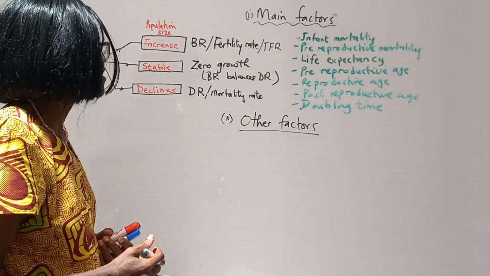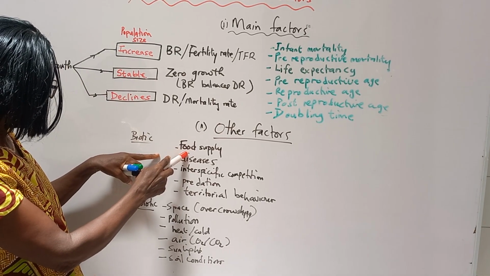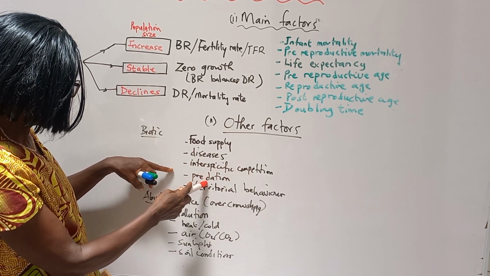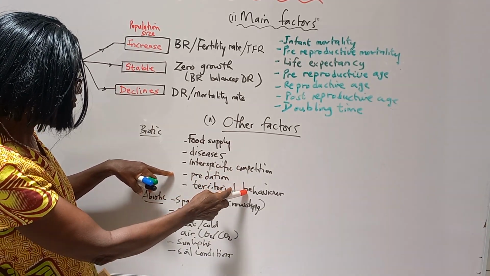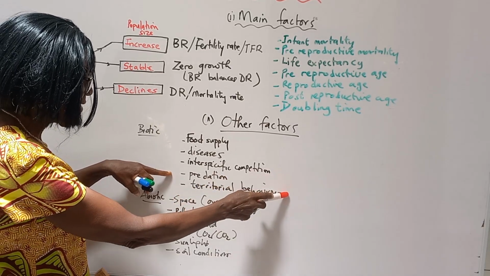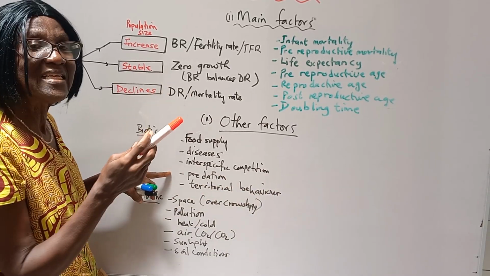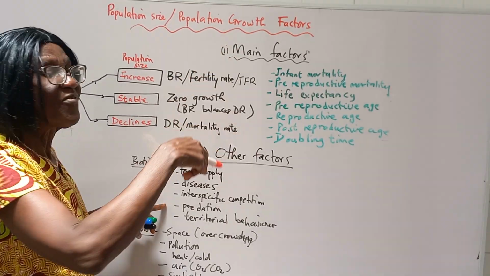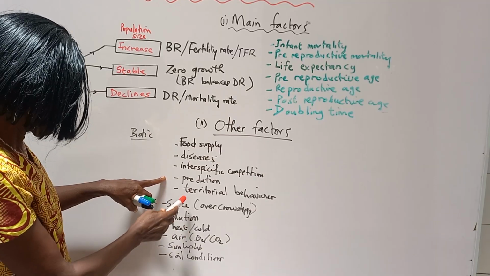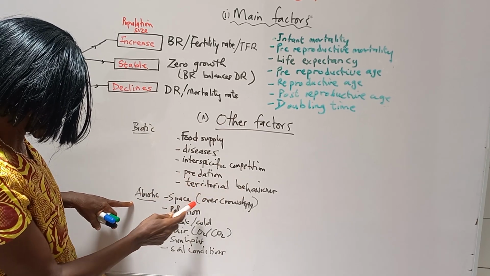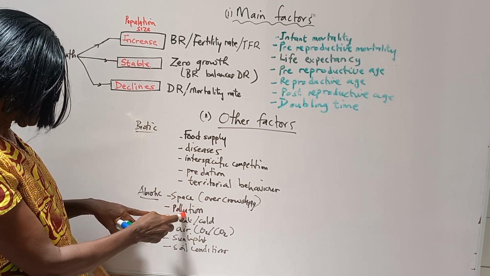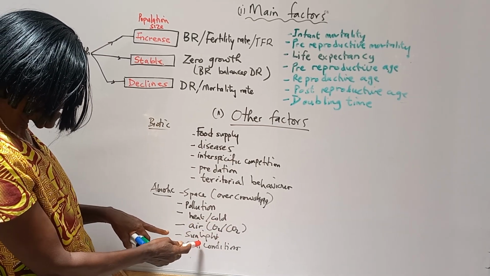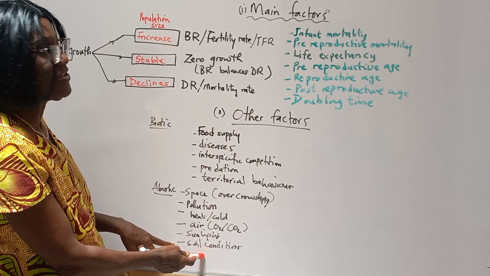And these are the factors. We have the other factors: food supply, diseases, interspecific competition, predation, territorial behavior. Now these are in because we are not dealing with human beings alone. We are looking at population size, population growth, factors of all organisms. So we have predation, territorial behavior, we have space, pollution, heat or cold, air, you need oxygen or carbon dioxide, sunlight, soil conditions.